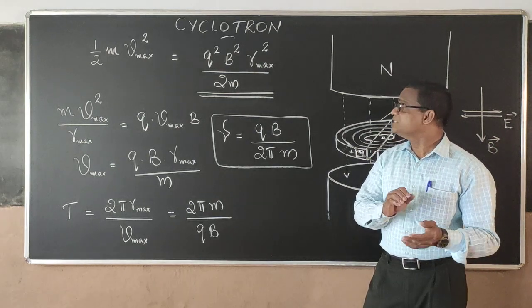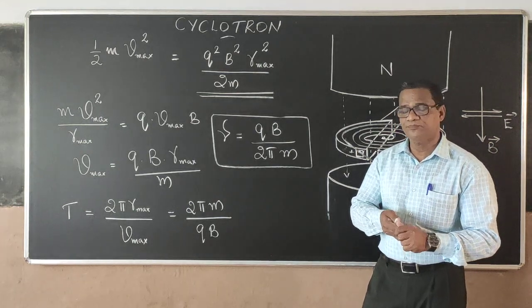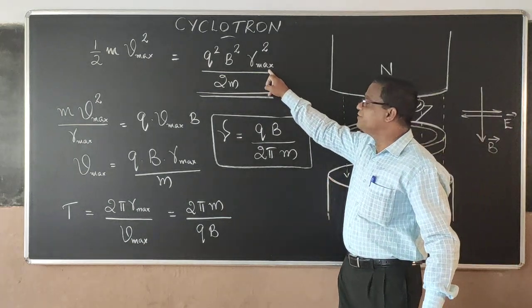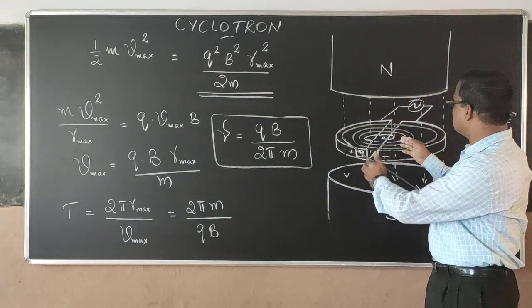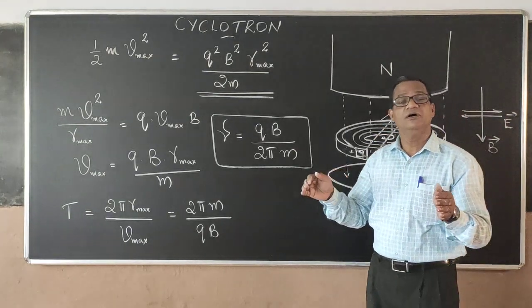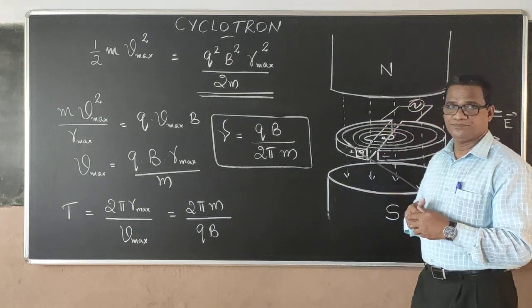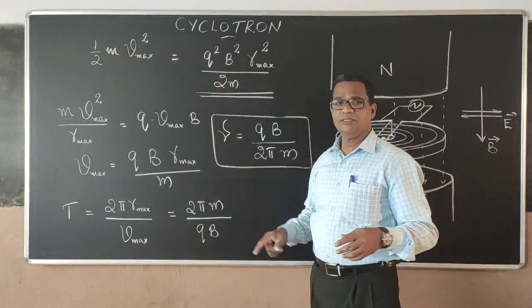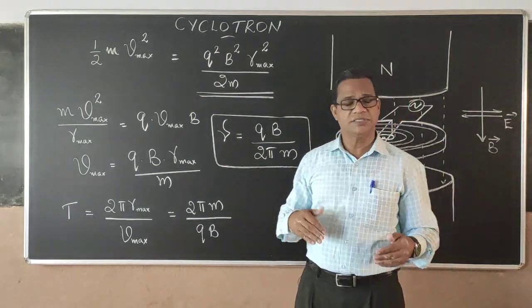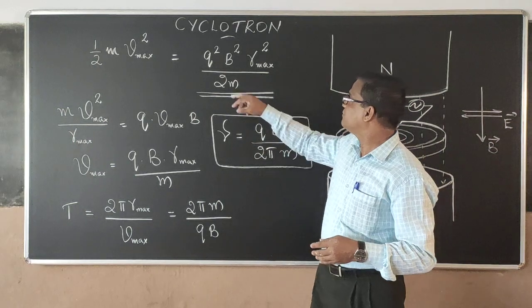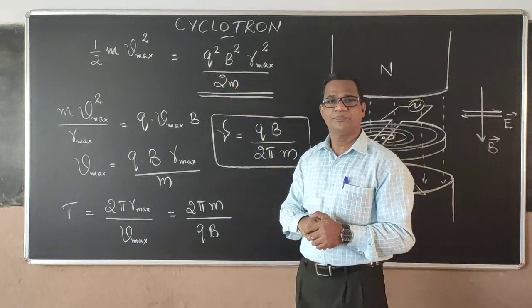Now there are certain things to be noted. The R max we define here is nothing but the radius of the circle, or the radius of the D you are taking. And q and m define the charge and mass of the particle. So when you select a proton, it is having a different charge and mass.